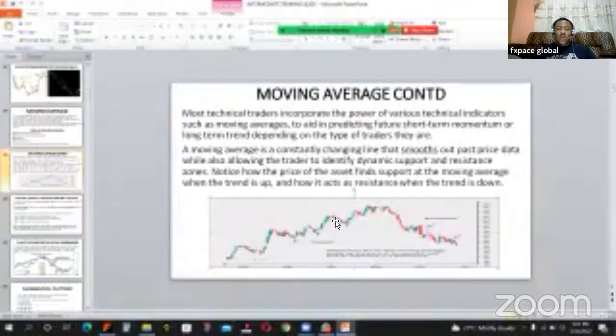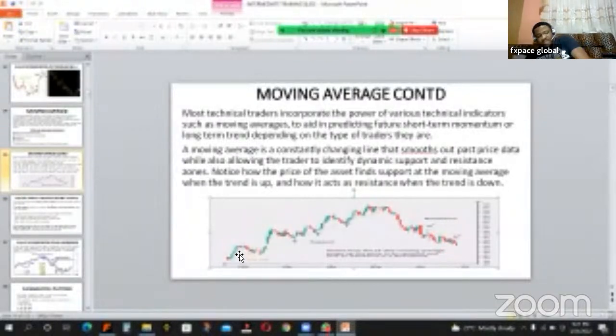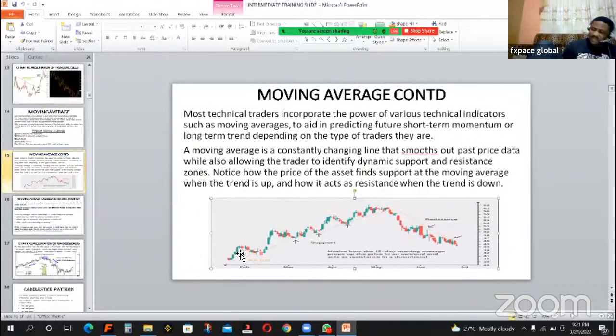If price is hovering on top of the moving average, it simply tells you that the market is an uptrending market, a bullish market, and you should be looking for opportunities to buy.